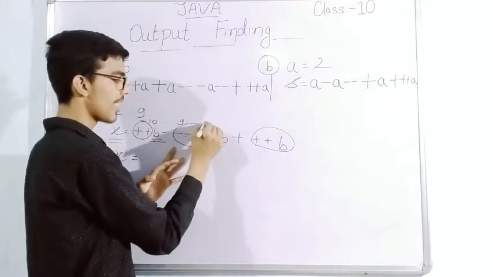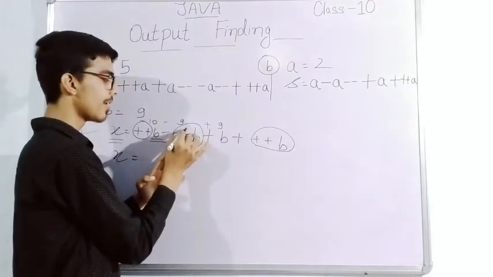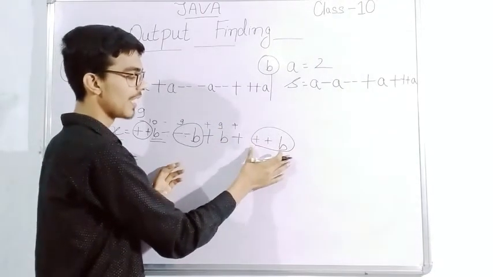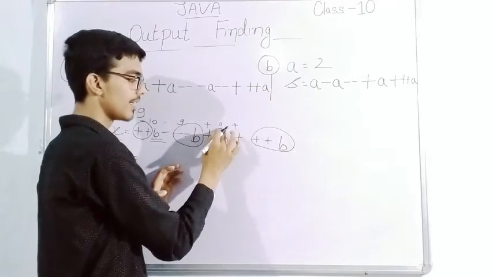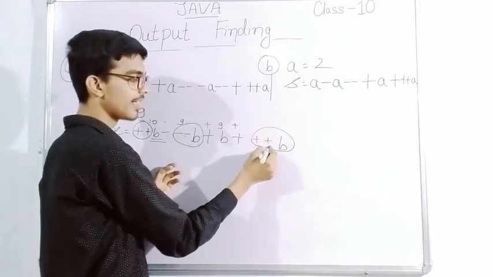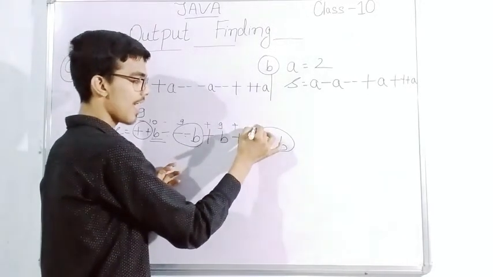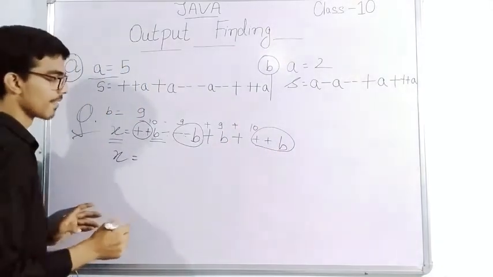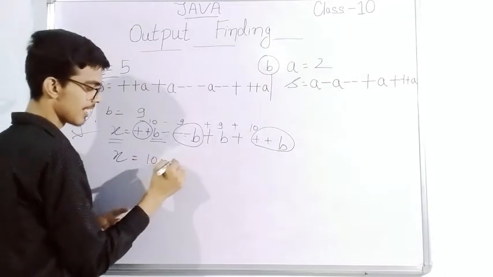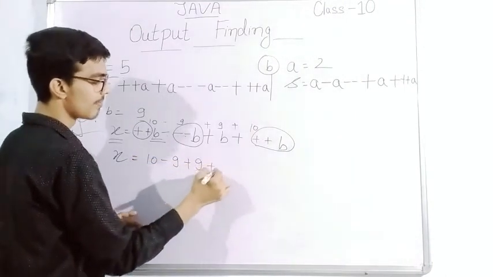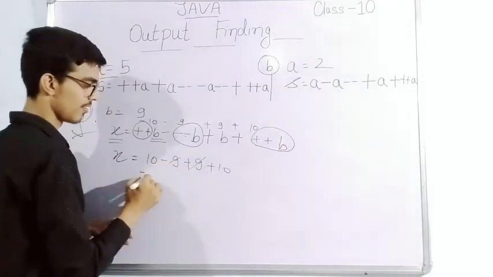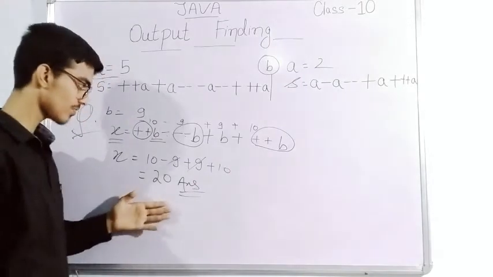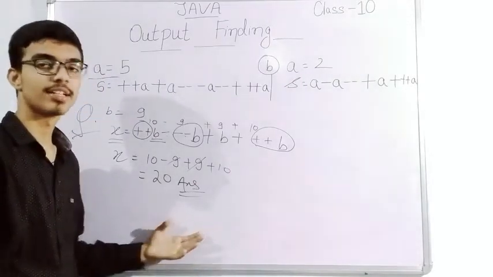After this, we'll add 9 again, and after this we'll add 1 to 9, so it is increment, so it will be 10. This 10 minus 9 plus 9 plus 10, that is 20. The answer is 20.